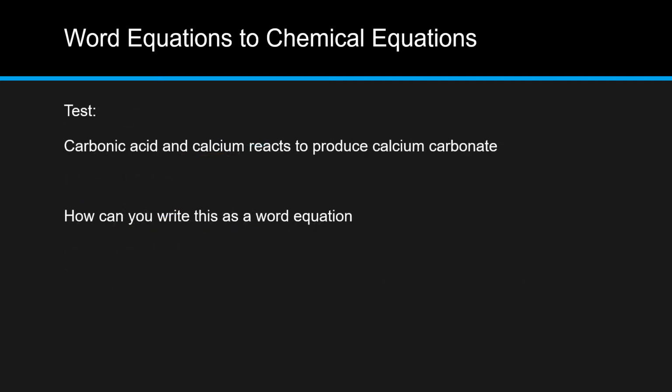Here's a little test. Try to pause the video and see if you can write this as a word equation. So we see here, carbonic acid and calcium reacts to produce calcium carbonate. I've not given you any type of chemical equations or chemical formulas for each one, but I'm asking for a word equation. So all we would need to do is change our ands and reacts with plus signs and arrows.